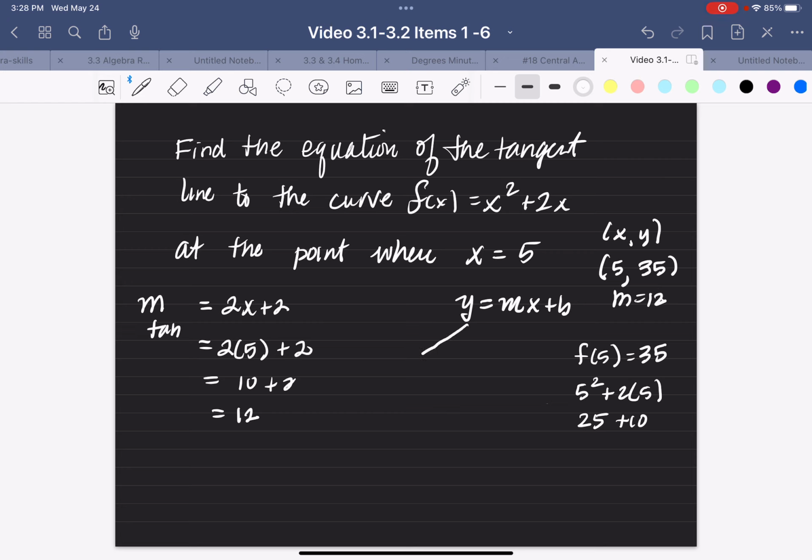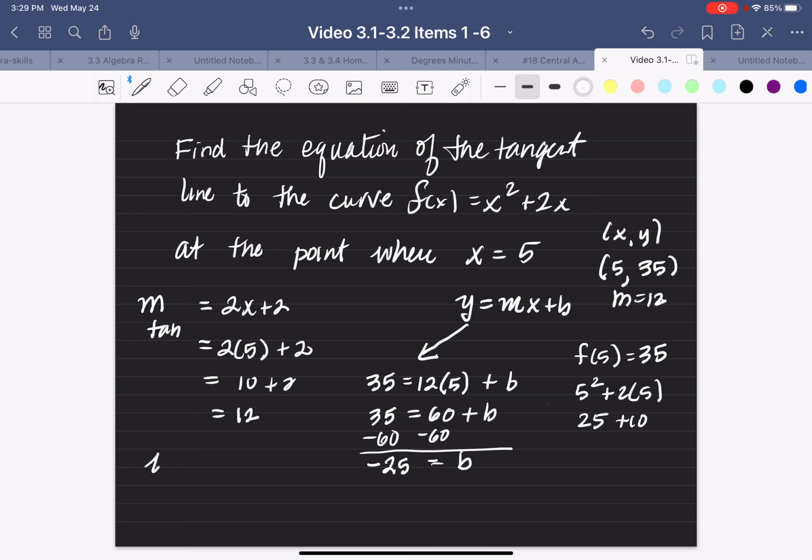So we're going to use this formula. We're going to plug in the y. 35 is the slope, 12, times the x, 5, plus some b value that we can now find. 35 is 60 plus b. Subtract 60. Negative 25 is our b value.